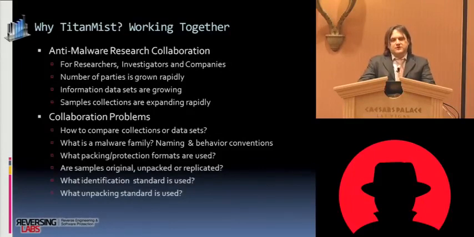But as the number of data sets is growing, so are the sample collections that come in with whatever analysis you have made. And with expanding collections come problems. How do we compare the stuff that I got? If I worked on Stuxnet and another person worked on it too, how do we compare the samples and our notes? What are these samples, where did they come from, and how do you get a baseline with them?